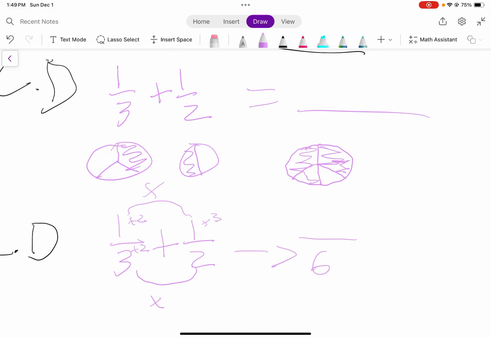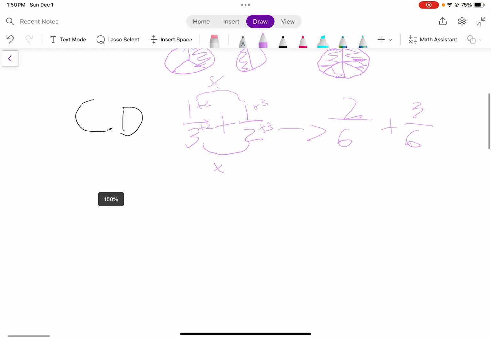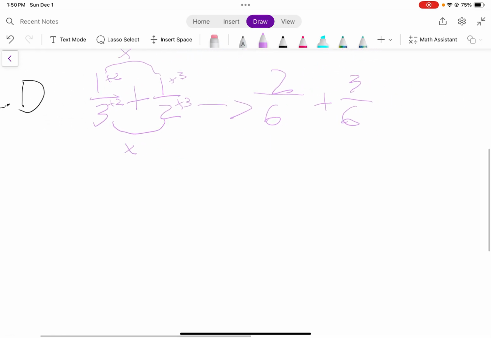This would be 3, this would also be 3. So it would be 2/6 plus 3/6.